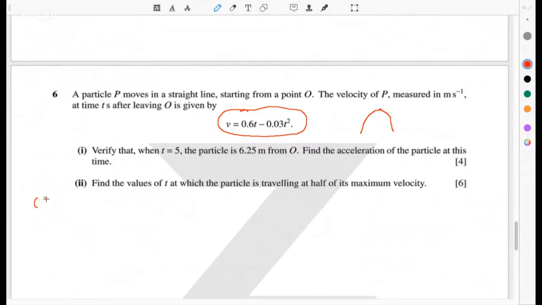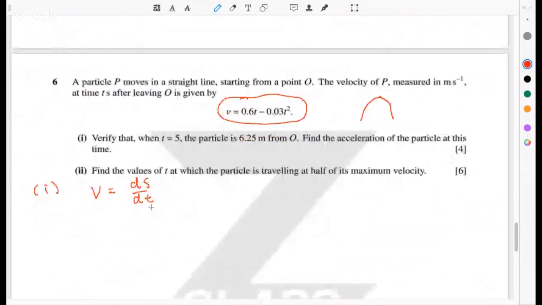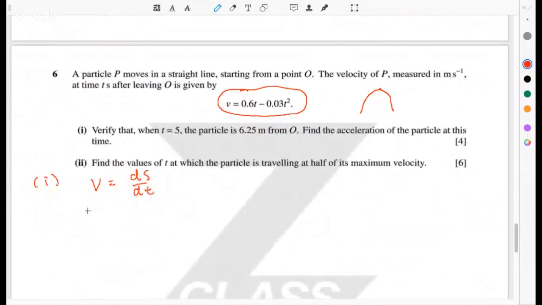Well, how do we go from a function of time that represents the velocity to a function of time that represents displacement? Well, we know that v is equal to ds by dt, and in order to find s, we can integrate both sides of the equation.